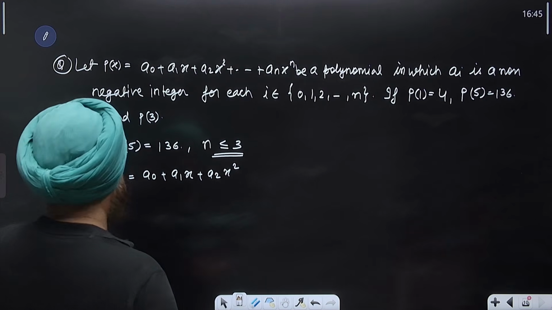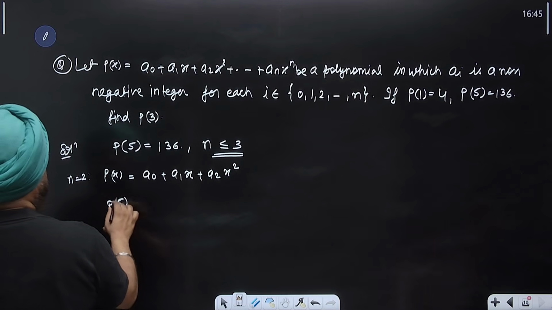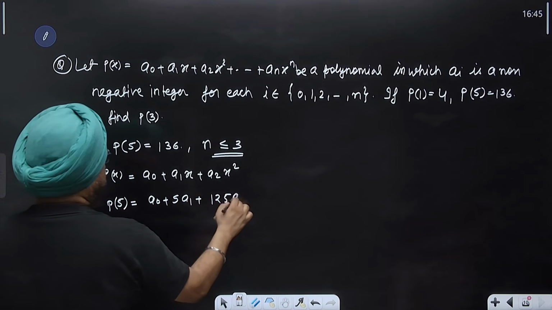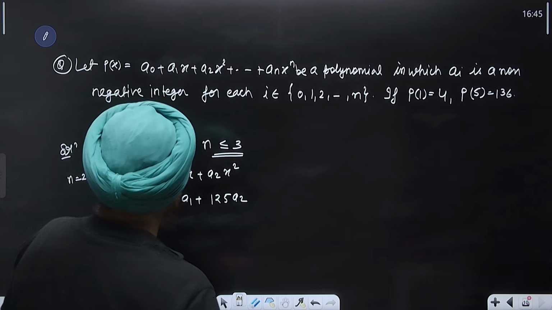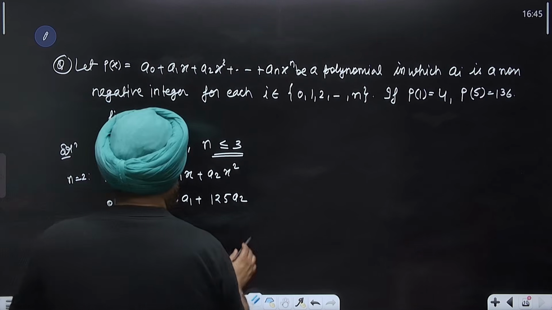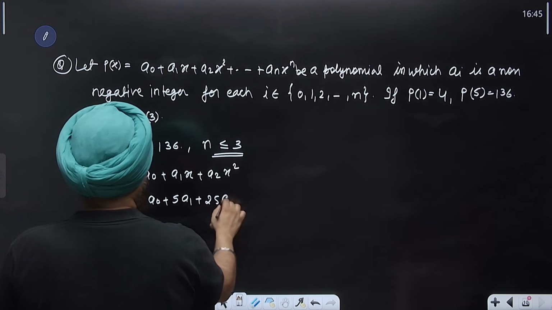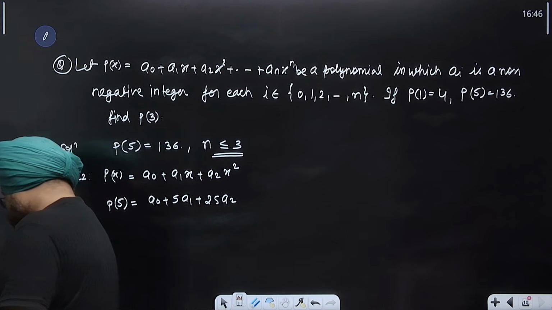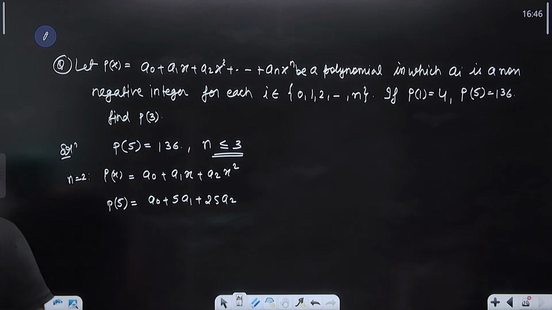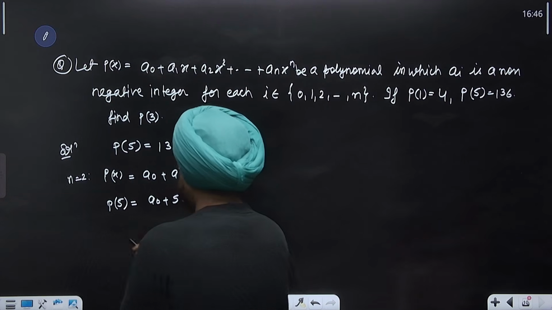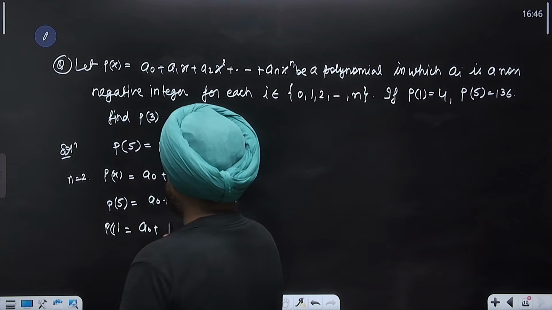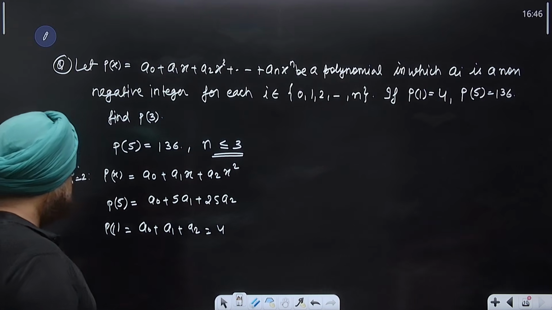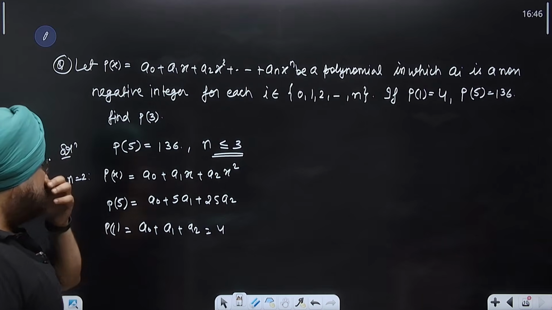Now P(1) is equal to 4 and P(5) is equal to 136. 25a2 + 5a1 + a0 is equal to 136, and a0 + a1 + a2 is equal to 4. The maximum value of a2 can be 4.